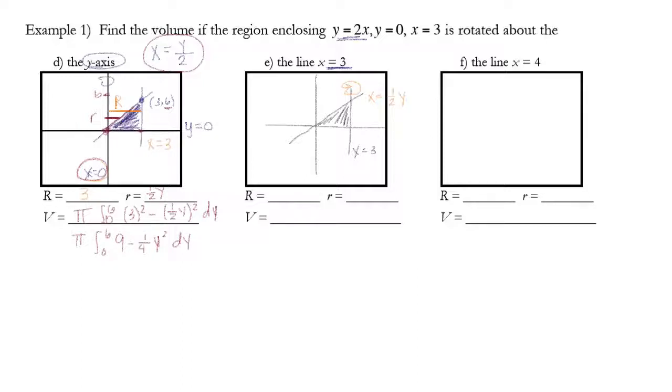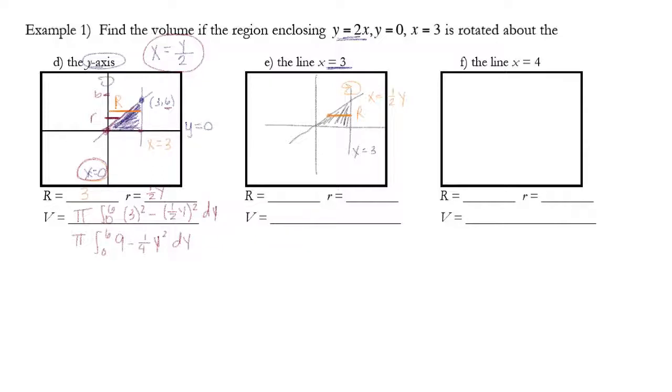And now we're ready to set up big R and little r. Big R, our longest distance, would be from here to here. That has to be big R, which means we're going to have 3 minus 1/2 y.